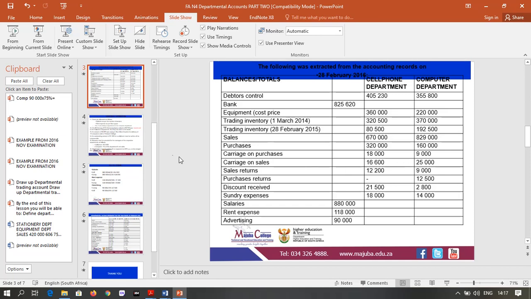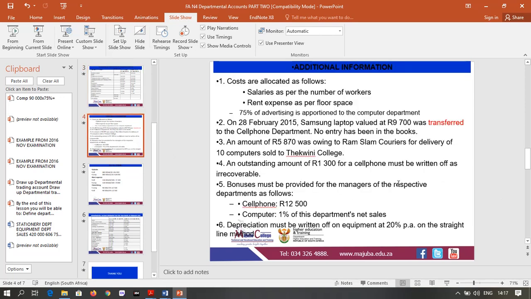Before you write, you go to your additional notes. Remember, it was number 3, if I'm not mistaken. Yes, number 3, which was talking about the amount owed to a courier company. There was the amount of 5,870, which was owed to the company.